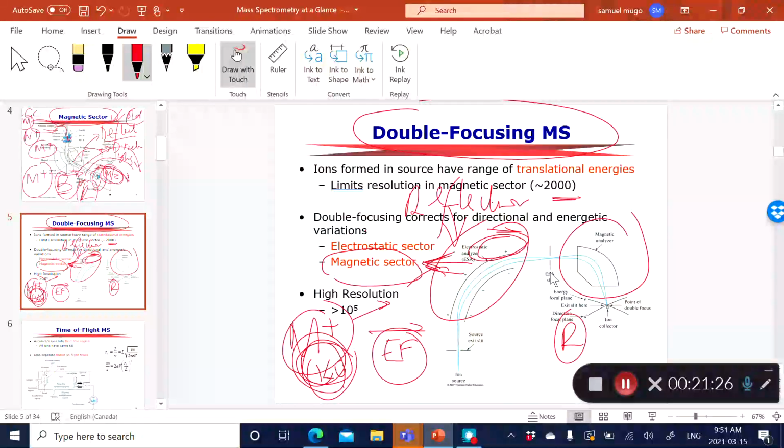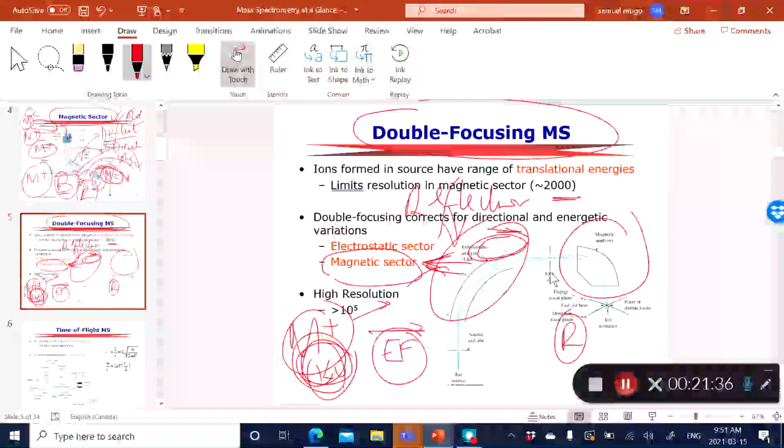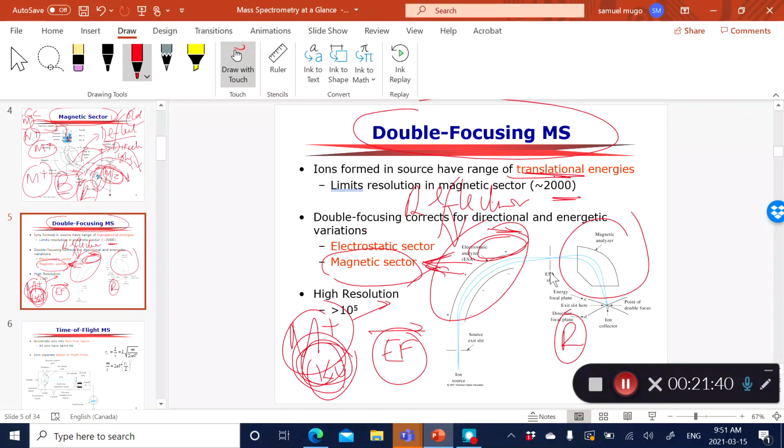If the kinetic energies of the ions are very large and very different, and you expose them to an electrostatic analyzer, you're able to focus and dampen the different translational energies that the analytes start with.